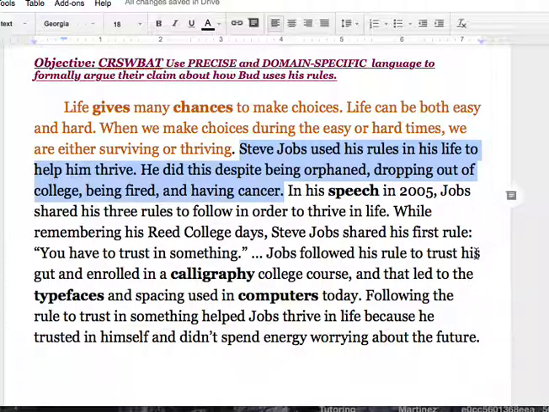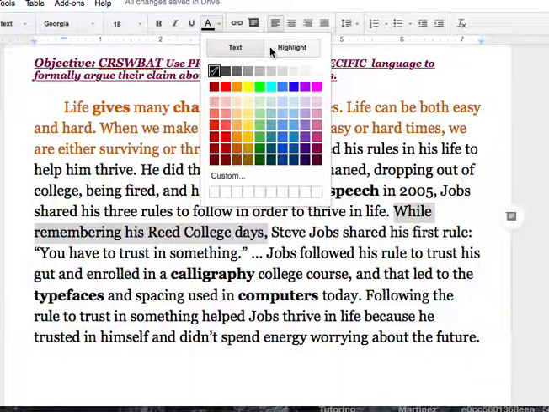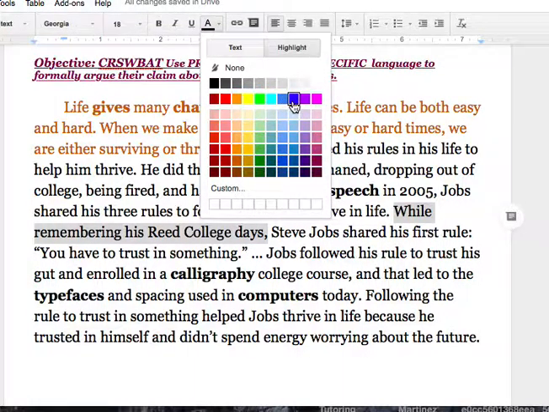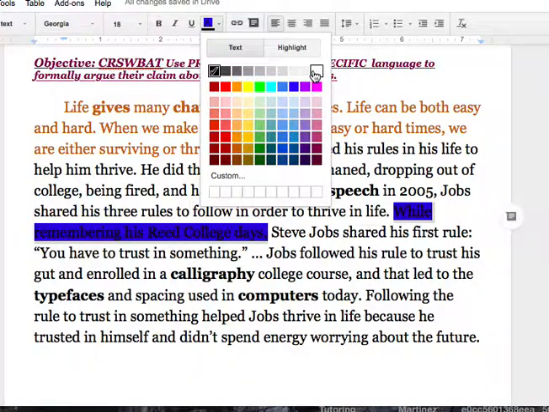That's an example. Continuing to read. While remembering his Reed College days, Steve Jobs, I'm going to highlight this really quick. This is interesting, so I'm going to just talk to you guys as I go, because this right here would be helpful. In his college days is when he uses a rule.